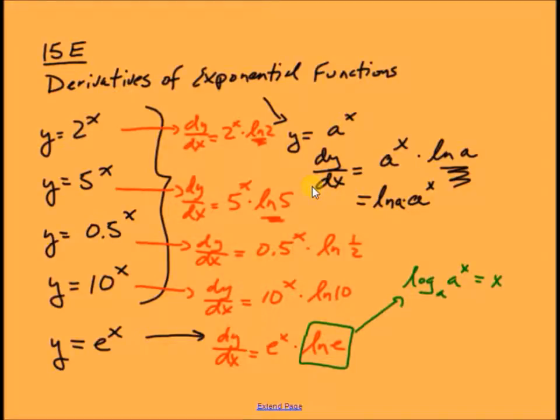Okay, this is log base e of e to the power of 1. So that actually just is the number 1. So therefore, the derivative of e to the power of x is just e to the power of x. We're going to use this time and time again throughout the course.